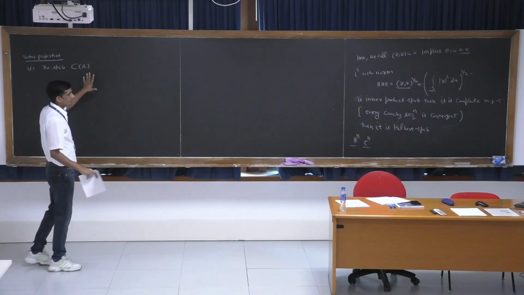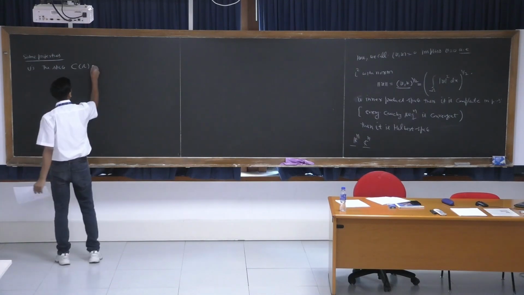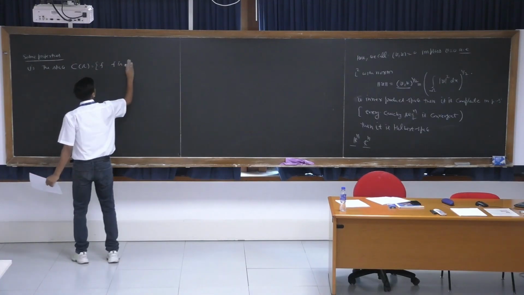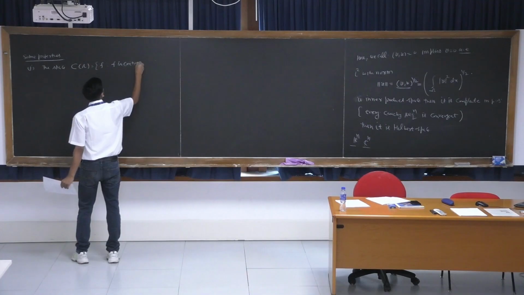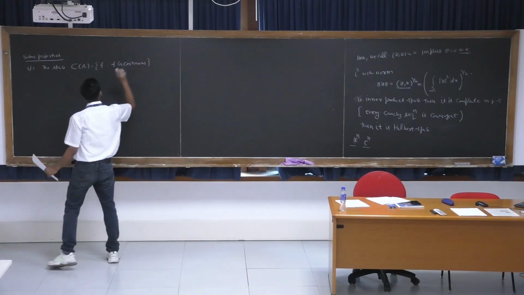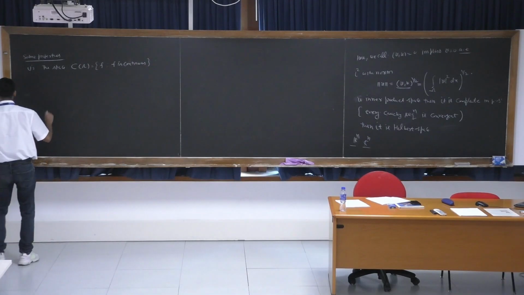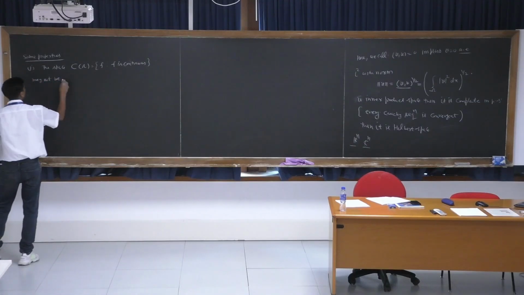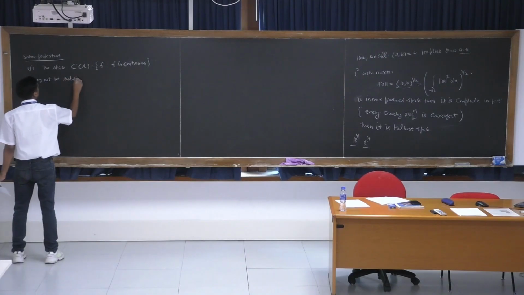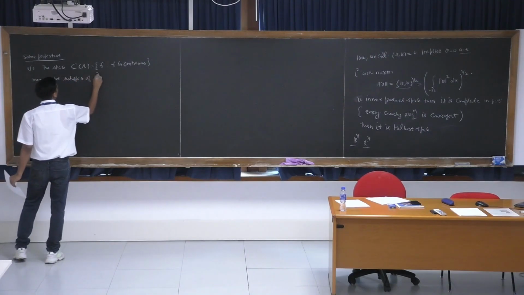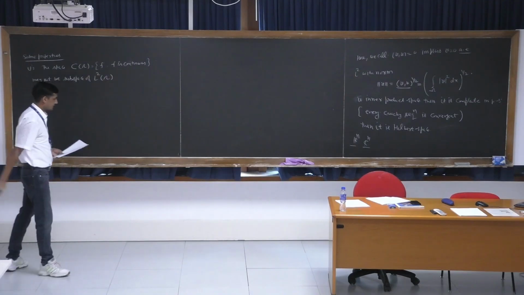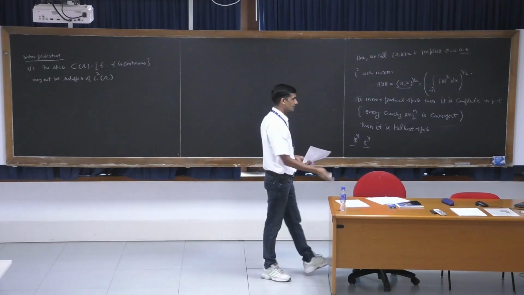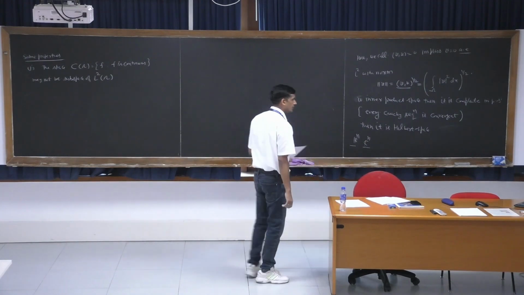You can write, if you want, f such that f is continuous here. It may not be a subspace of the L2 space. Means that every continuous function is not necessarily an L2 function.